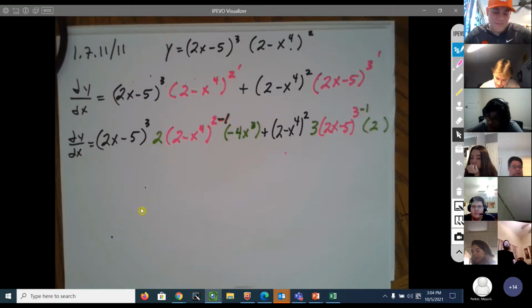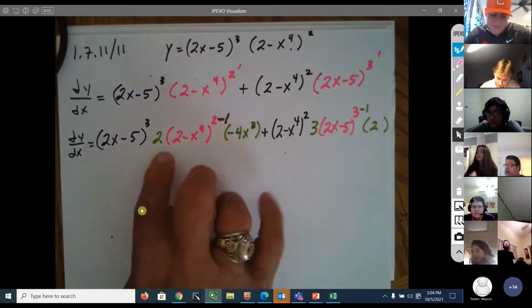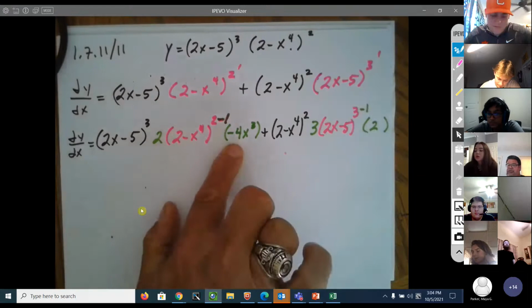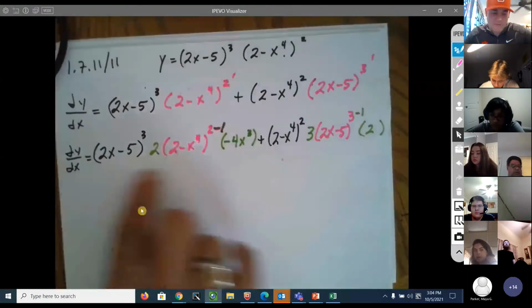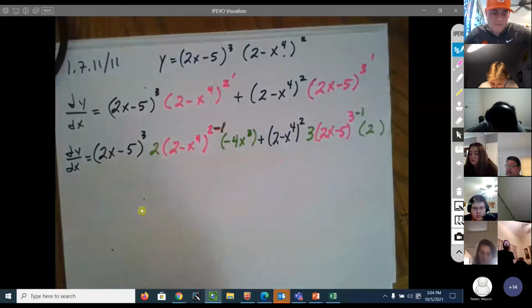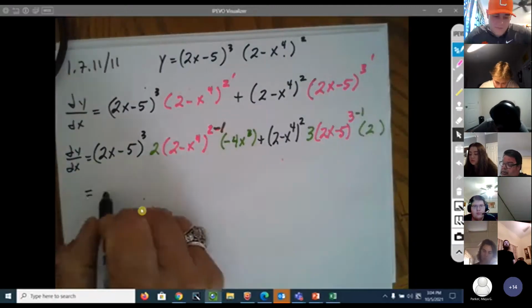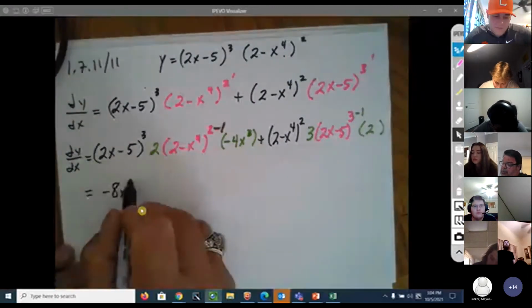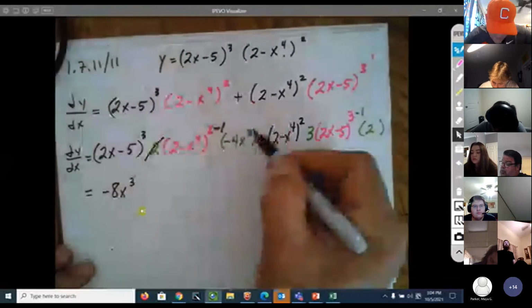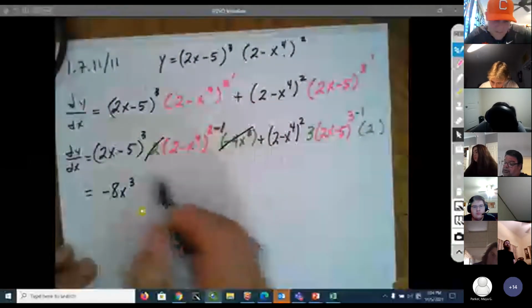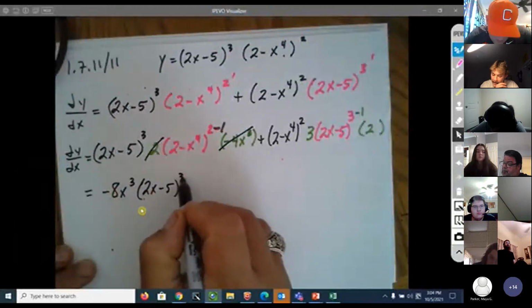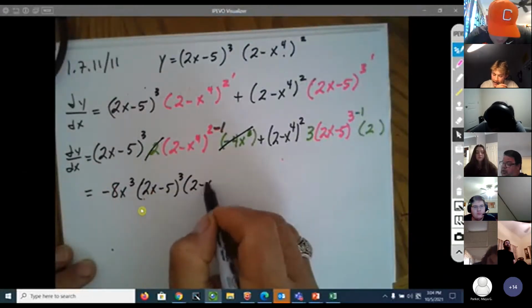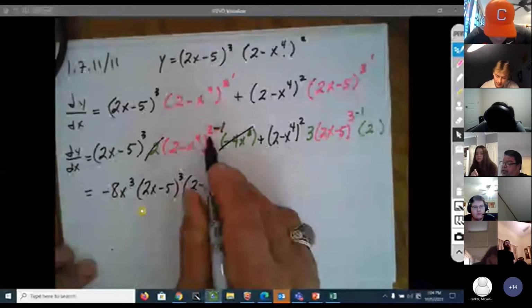All right, so what can I do? Well, first of all, that 2 and that 4, negative 4x cubed, it can come out front. That's going to be negative 8x cubed, and (2x minus 5) to the 3rd power, and (2 minus x to the 4th) to the 1st power.